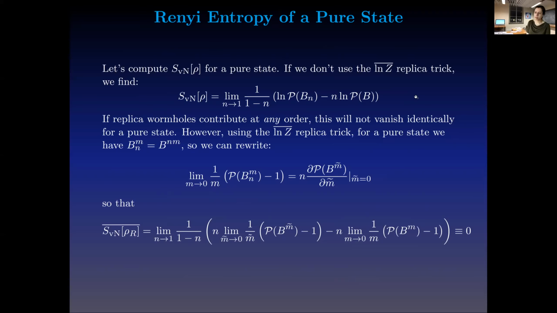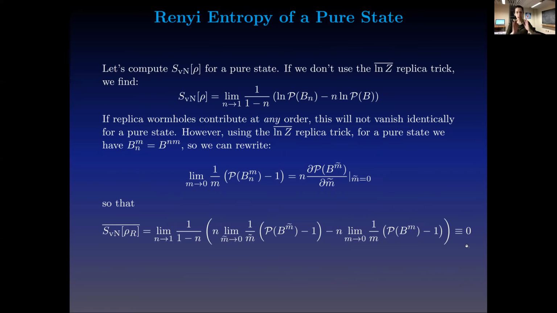But if we use the log Z replica trick, then for a pure state, B sub n to the m is just B to the n times m. And that means that we can rewrite this messy replica trick in this way. We can just relabel the parameters. And plugging this back into the formula for the averaged von Neumann entropy gives us the following thing, which of course is identically 0.